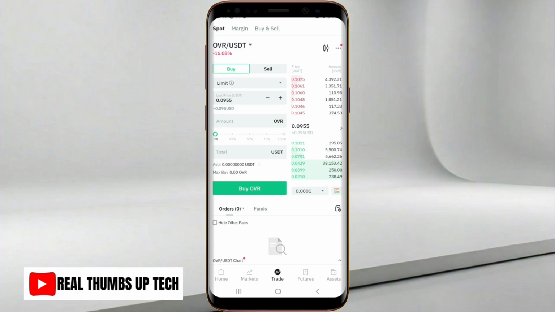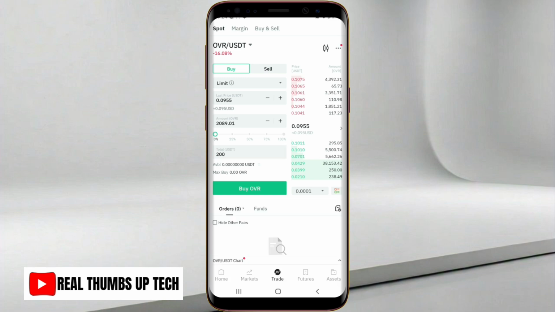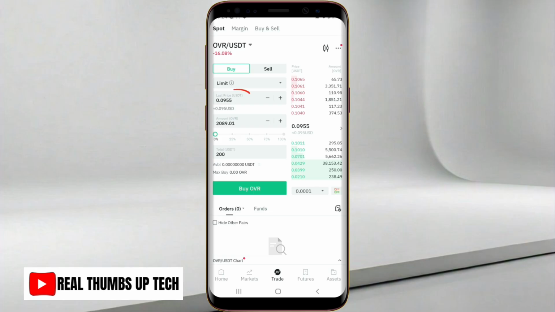So let's assume we want to trade with this 200 USDT. We'll be getting around 2089.01. We're actually using a limit order. We are at the buy section because we want to buy OVR using 200 USDT at this rate, 0.0955, using the limit order. So with 200 USDT, we'll be getting around 2089.01.